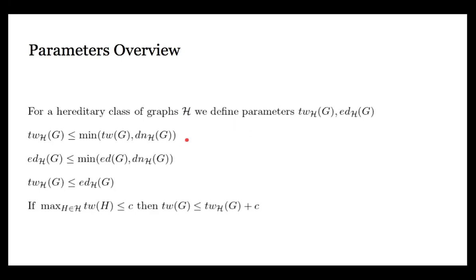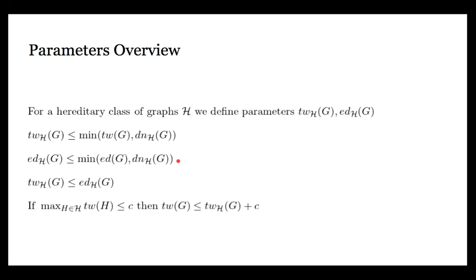For both of these parameters, we can see that H tree width is always upper bounded by tree width, because any tree decomposition is also a tree H decomposition, and also it is upper bounded by the deletion number to H, so the minimal number of vertices to remove from G to make it belong to H. Similarly, the elimination distance to H is upper bounded by elimination depth and the deletion number to H. But in general, H tree width can be small, and these two measures can be large, as we saw on the pictures.